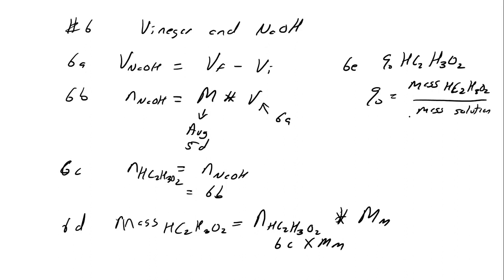And the mass of solution, it tells you that we're going to assume the density of vinegar is 1 gram per milliliter. So therefore, how do I find the mass of solution?